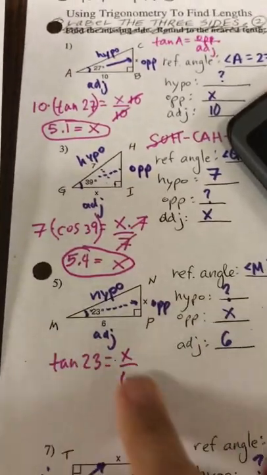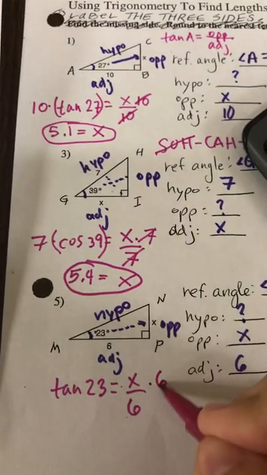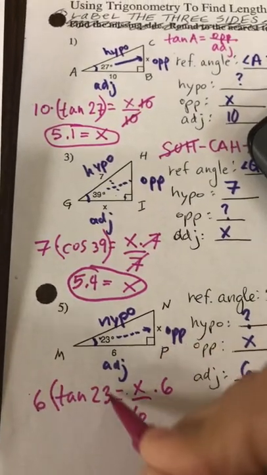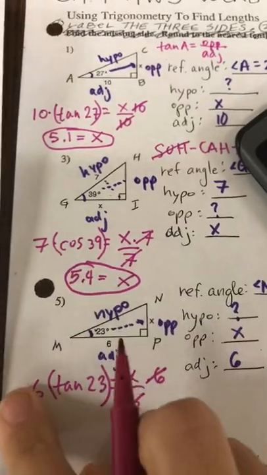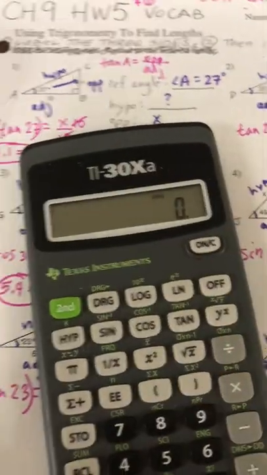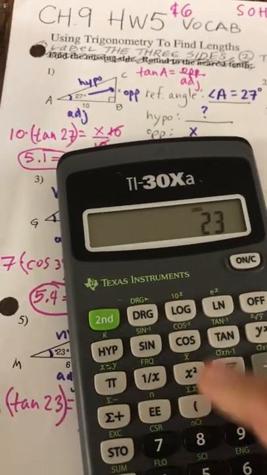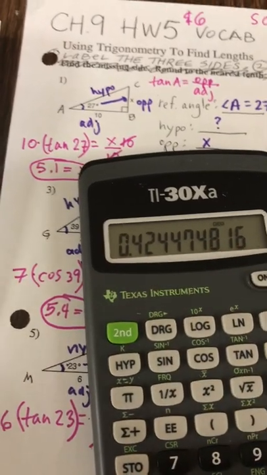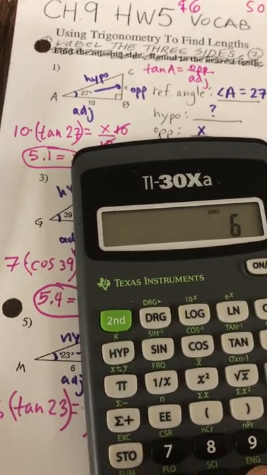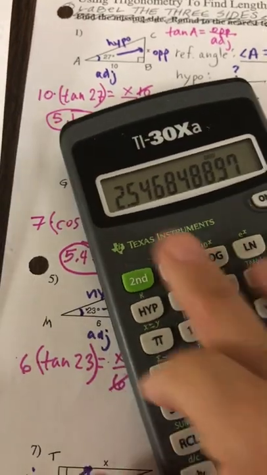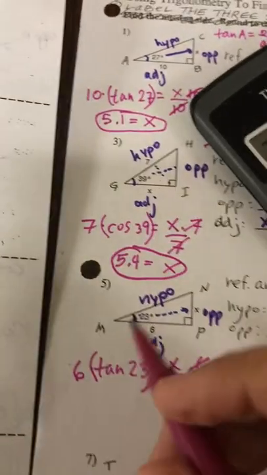Do another one. X, got to multiply both sides by 6. So x is equal to 6 times the tangent of 23. So we put 23 tangent, and we're going to multiply by 6. Round to the nearest tenth, so 2.5.